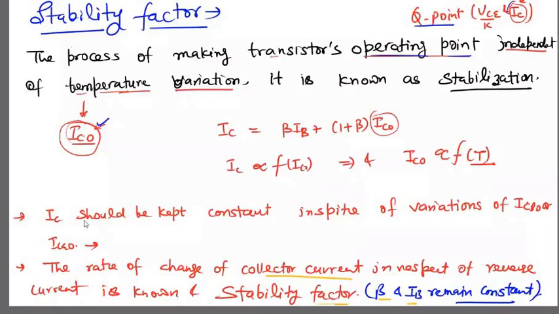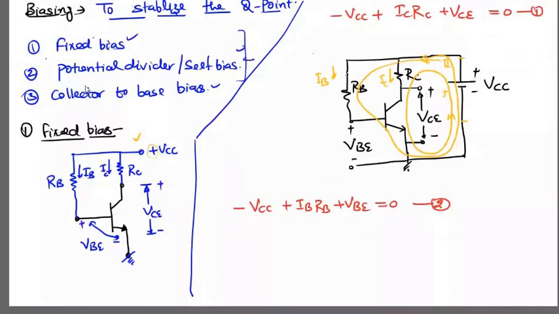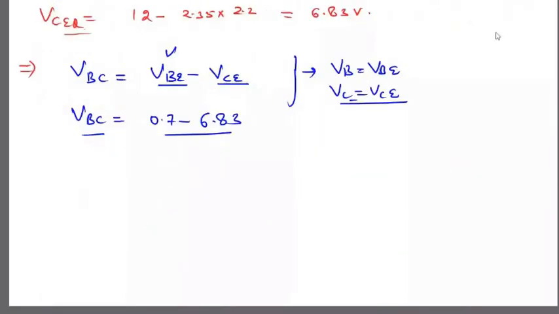There are three types of biasing I have already explained: fixed bias, potential divider, collector to base. In all kinds of biasing, the stability factor will be different because these configurations are different, and the Q point will be selected in a different way because the way of biasing is different. That's why we are going for the definition of the stability factor.